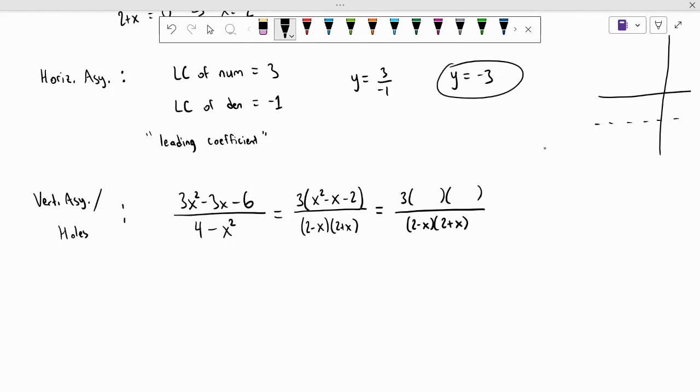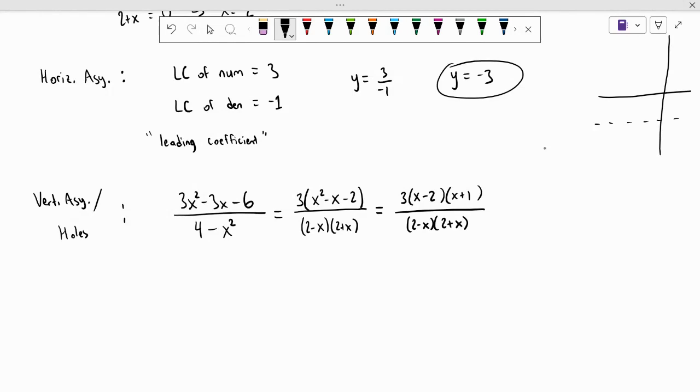So who wants to tell me how to factor the numerator now? Yeah, very good. So x minus 2, x plus 1.